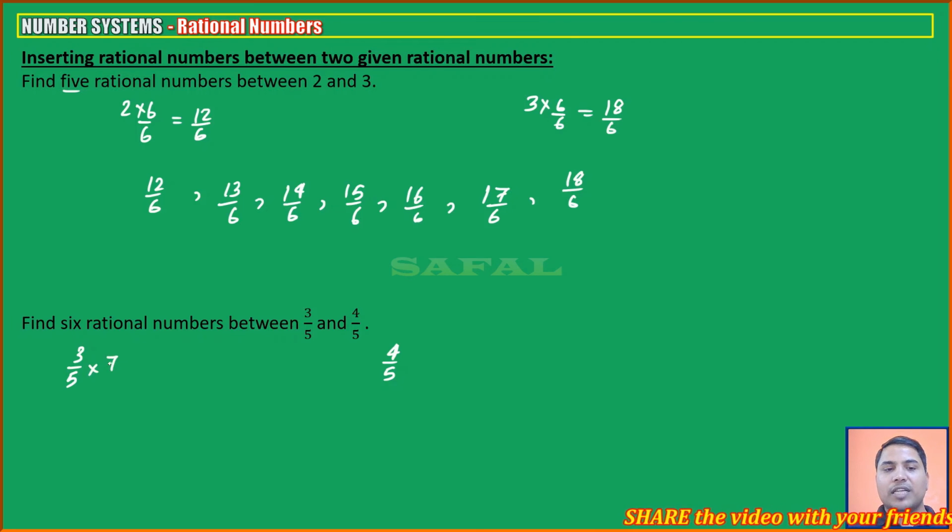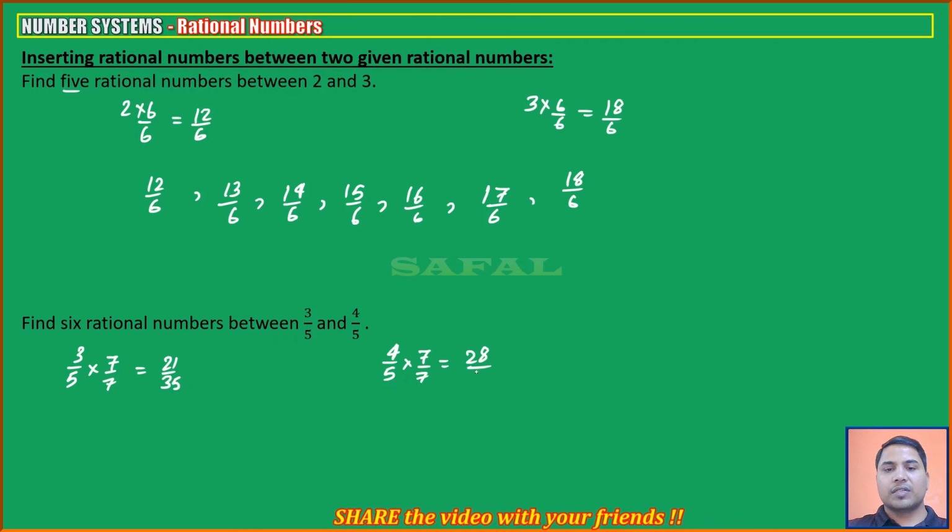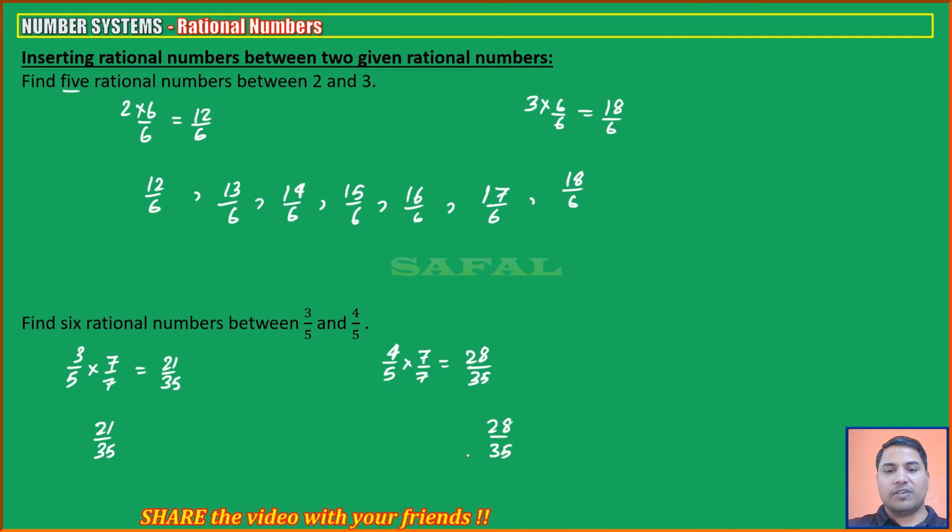So I can multiply numerator and denominator by 7 for both the numbers. So here I'll get 21 by 35 and here I'll get 28 by 35. Now I have the number 21 by 35 and the second one, 28 by 35.